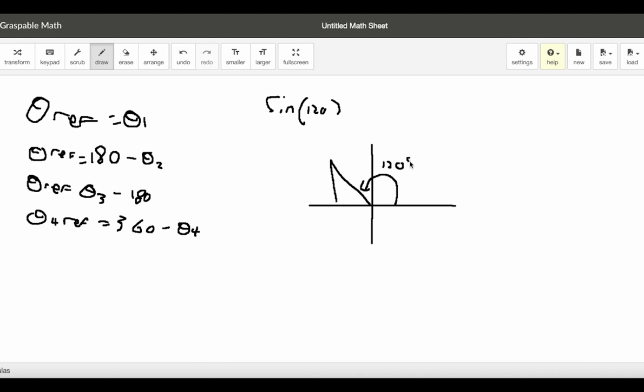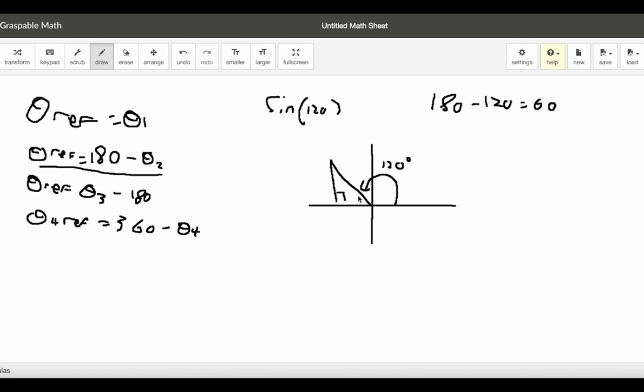Now here we know that the reference angle for quadrant 2 is 180 minus the angle. So 180 minus 120 is 60.